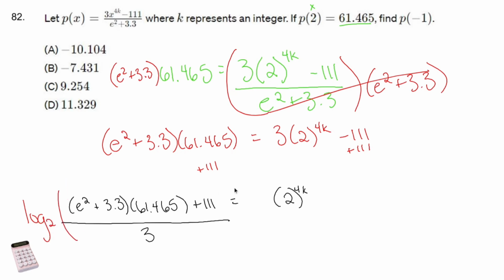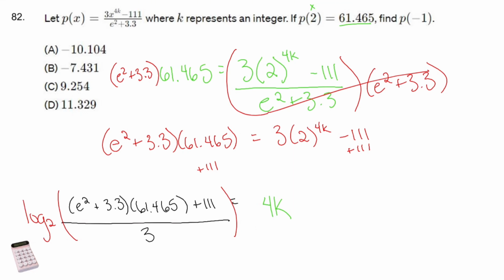Now, if I log base 2 of 2 to the 4k, what happens is that goes away and 4k drops down. So let's get rid of that and just put 4k here.